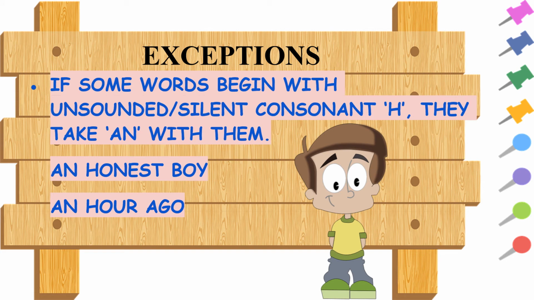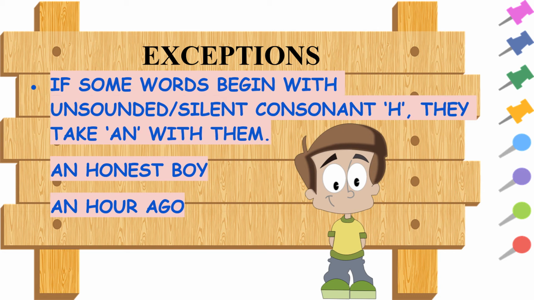The next exception in indefinite articles is if some words begin with an unsounded or silent consonant H, they take an with them. Example, an honest boy.